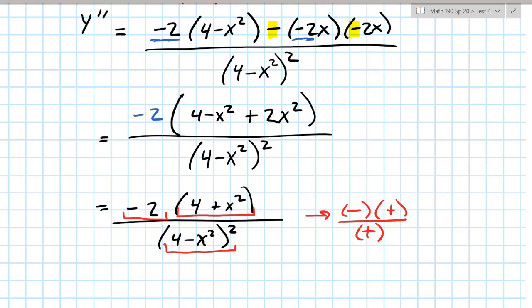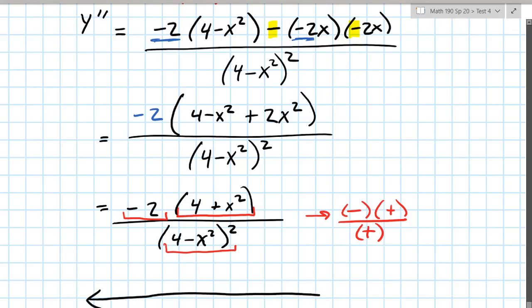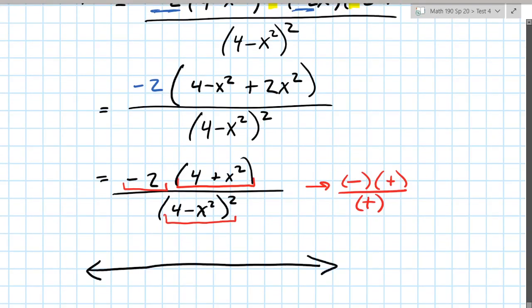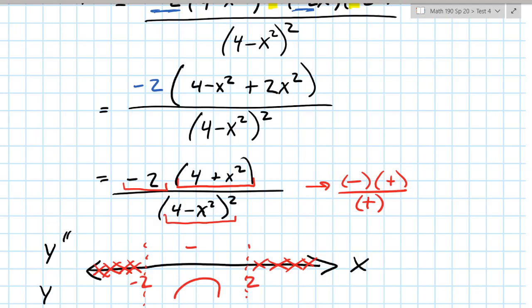So the second derivative is negative. If you want to draw a number line for this, what we have is -2, +2 from the denominator, and then negative. Remember, this is outside of the domain. So our function is always concave down.